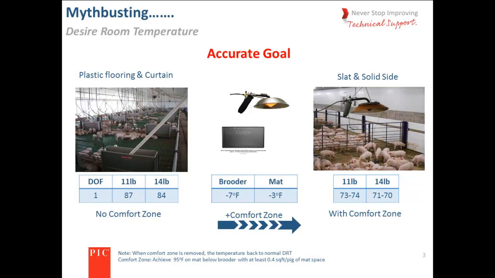But if we are going to 14-pound pigs, maybe we can drop 3 degrees Fahrenheit. If we are adding a good comfort zone, meaning brooder and mat, maybe we could drop our room temperature 10 to 11 degrees Fahrenheit. So if we have one scenario with slat, solid side, 14-pound pigs, and a very good comfort zone, maybe we could work with 70, 72, 73.